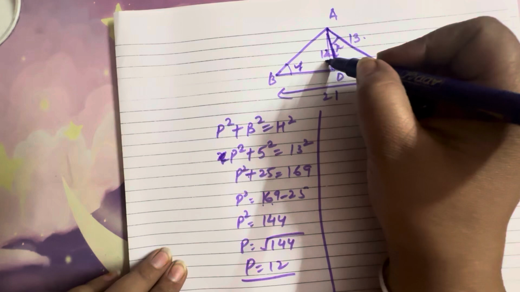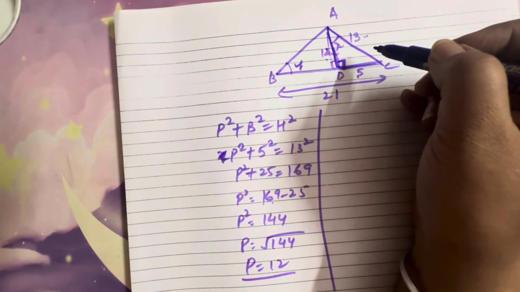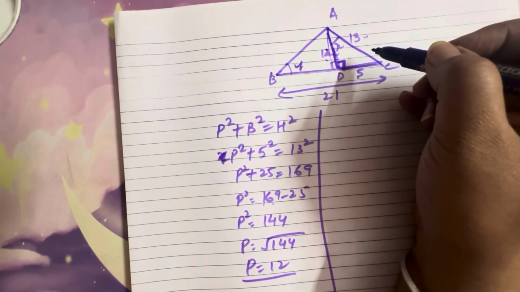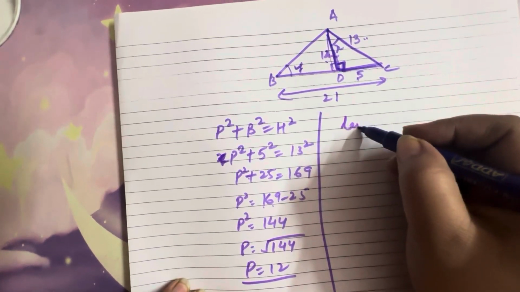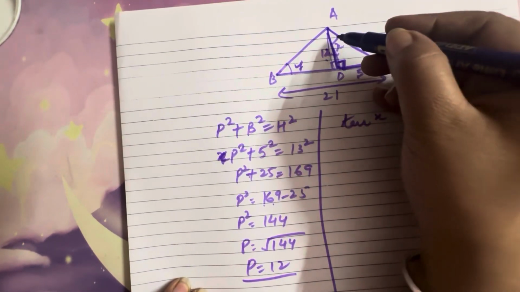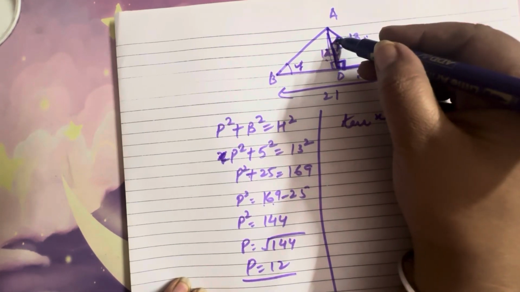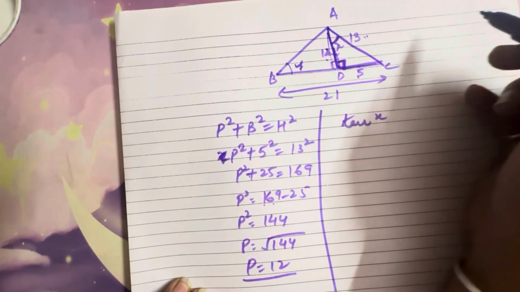Now this is 12, this is 5 and this is 13. Now we have to find out the value of tan x. Tan x means this is our angle, in front of this is a perpendicular.